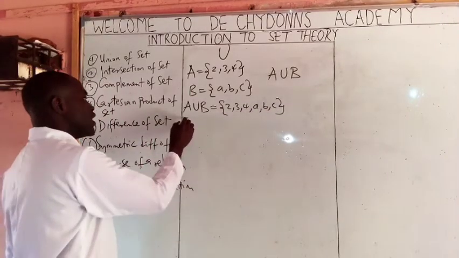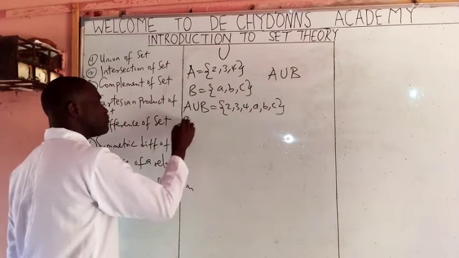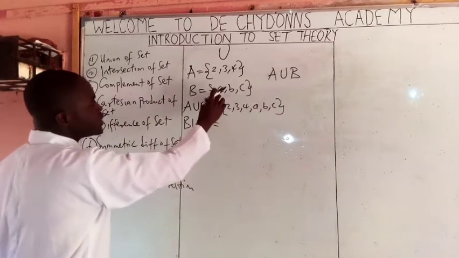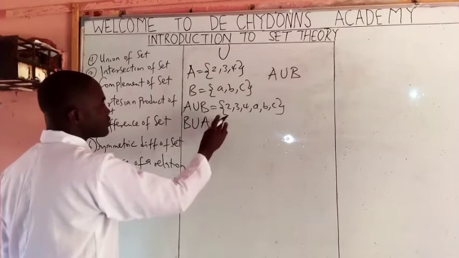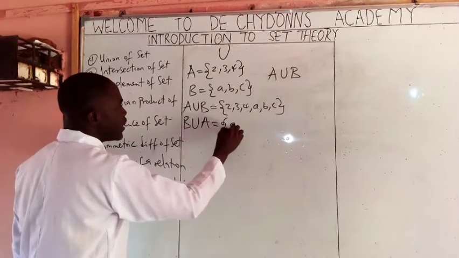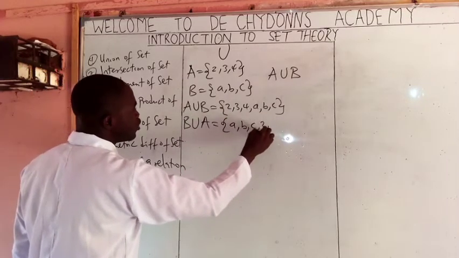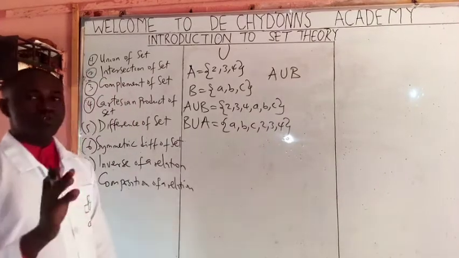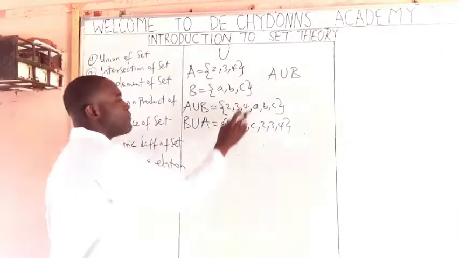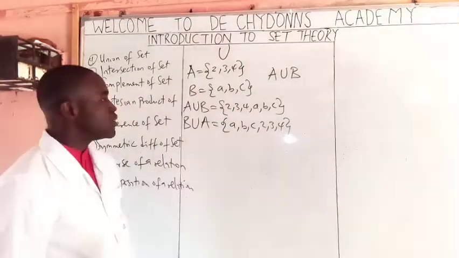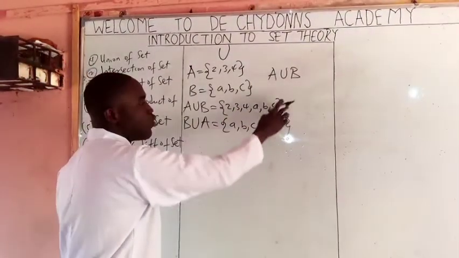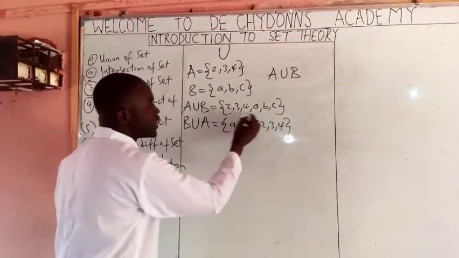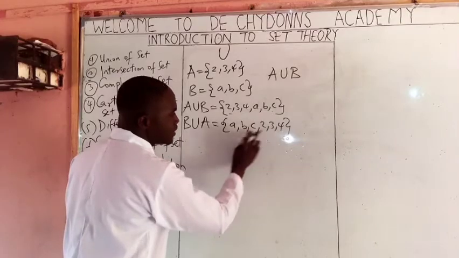Note that if you are asked to get B union A, it simply means join elements B and A together. That will be giving you a, b, c, 2, 3, 4. Remember that we say the position of the elements are not important as far as they are put in curly brackets. It simply means that what you see here, can you see the elements here?